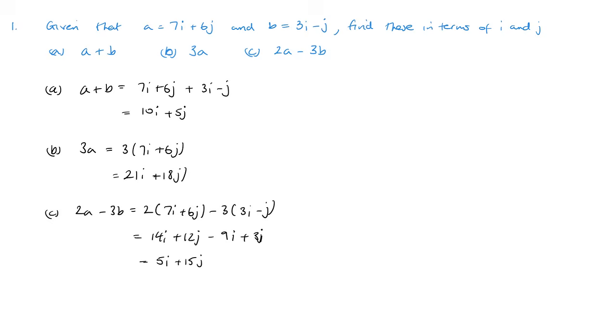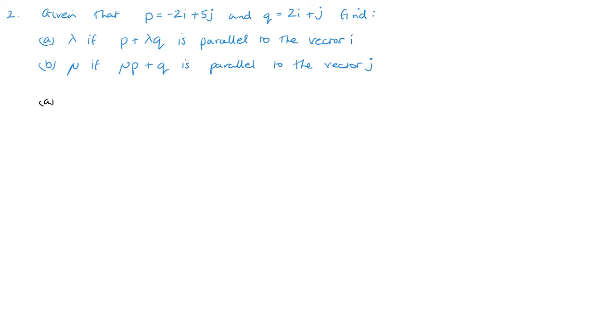Let's look at number 2. Okay, so part a, we're doing p plus lambda q. So that is minus 2i plus 5j plus lambda times 2i plus j.